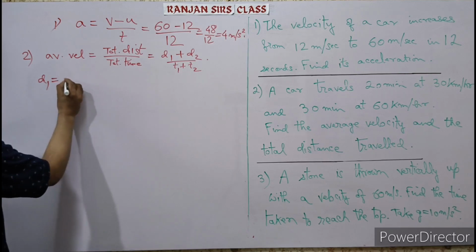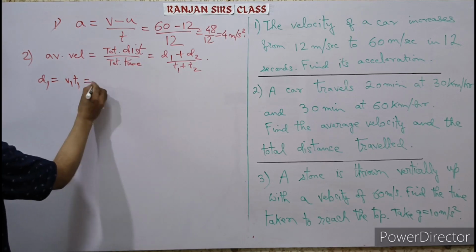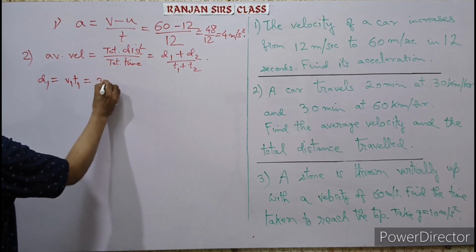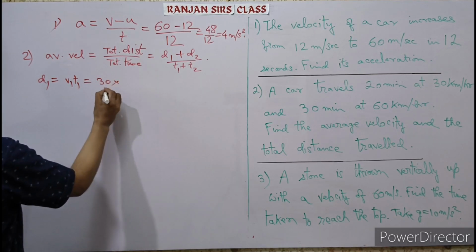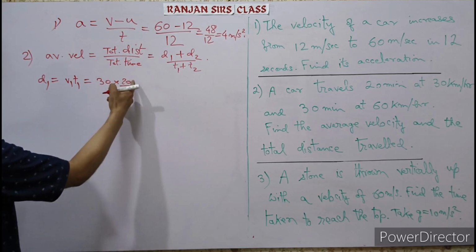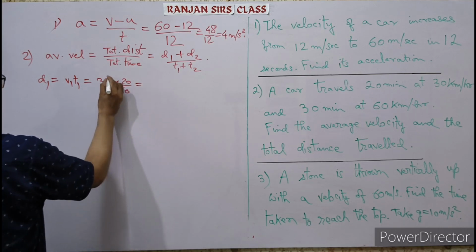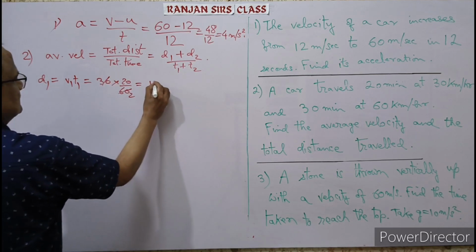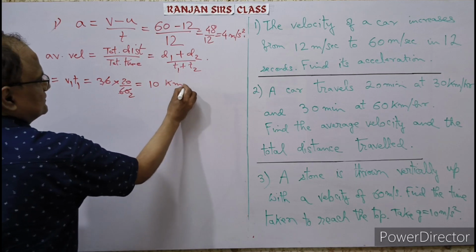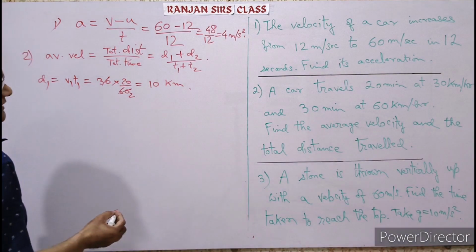Therefore, distance was v1 into t1, that will be equal to 30 into 20 by 60. I have converted it into hours. Therefore, I am getting 10. So distance 1 comes out to be 10 kilometers, the first part of the journey.